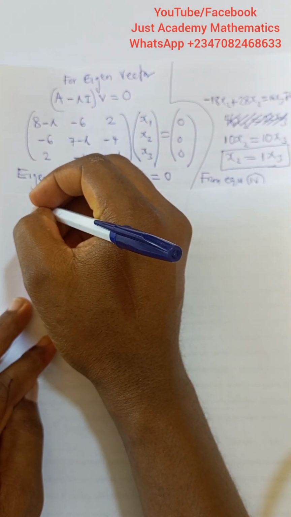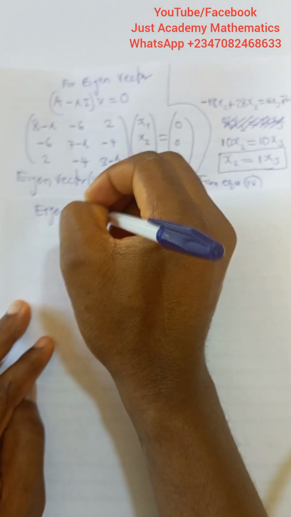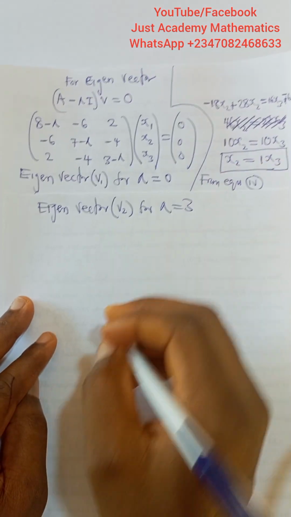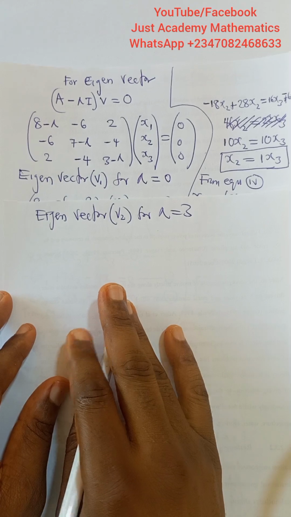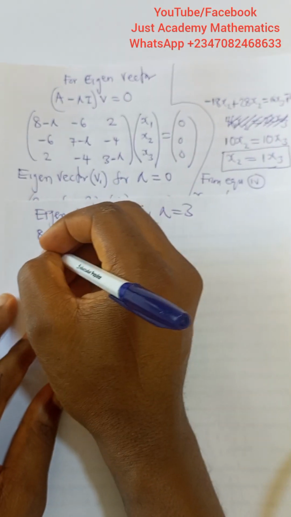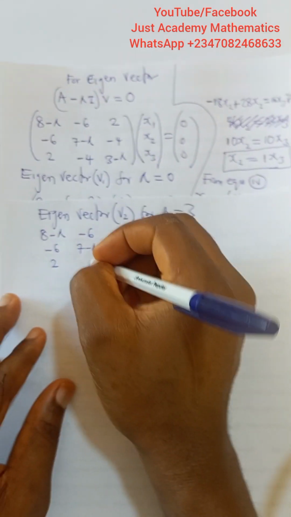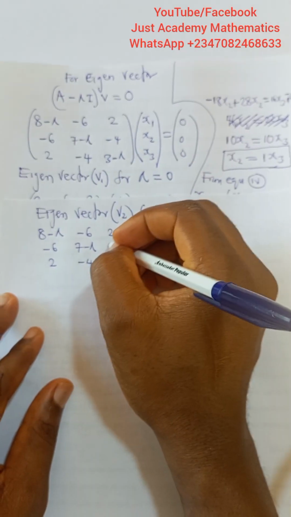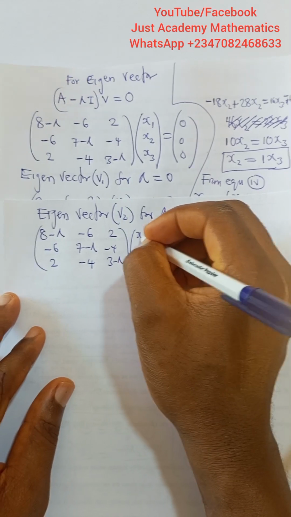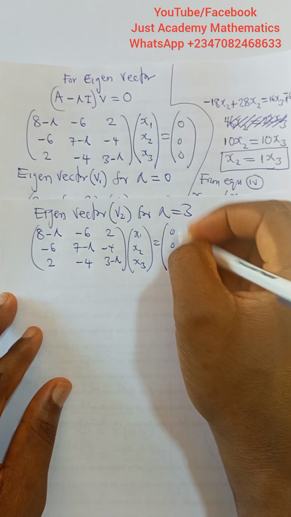Remember that we say eigenvector v2 for lambda equals 3. But remember the equation: 8 minus lambda, minus 6, 2; minus 6, 7 minus lambda, minus 4; 2, minus 4, 3 minus lambda, times x1, x2, x3 must be equal to 0, 0, 0.